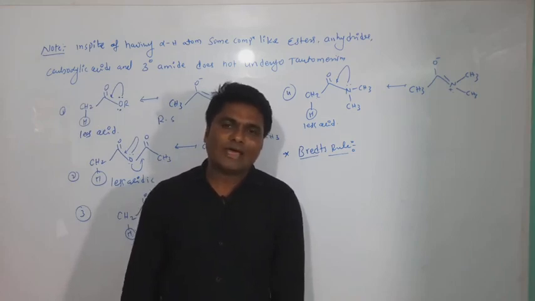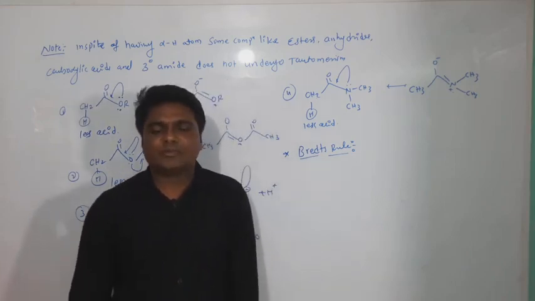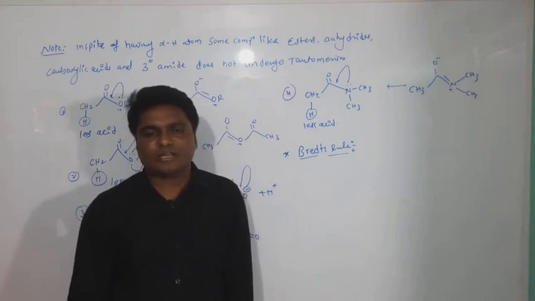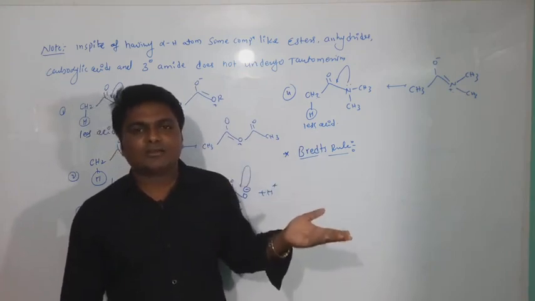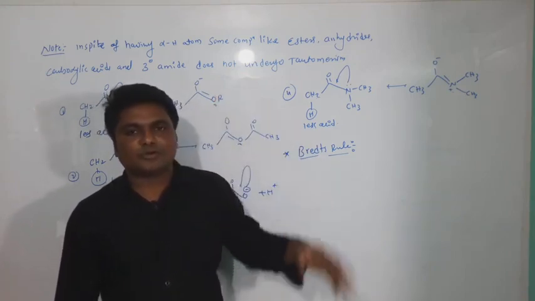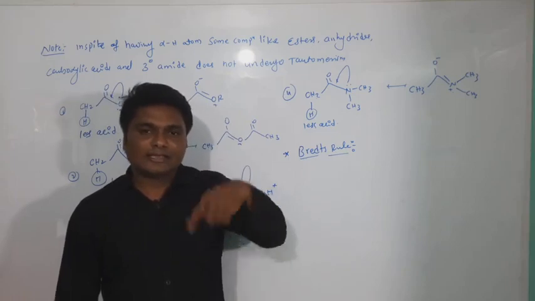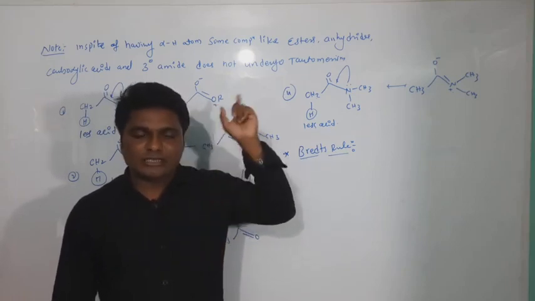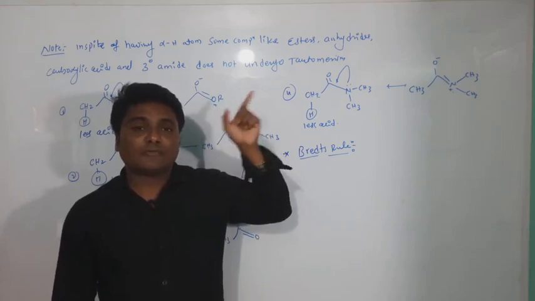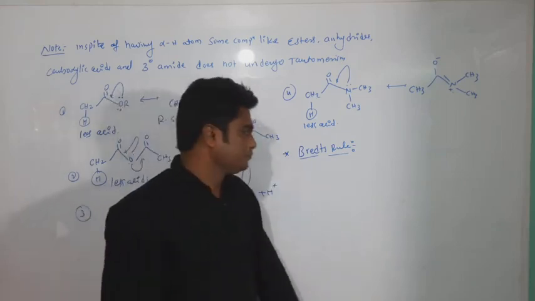Why? Due to the angle strain. Because sp2 hybridization is not possible at a bridgehead carbon atom, a planar structure is not possible. And this detailed concept we will discuss in tautomerism also, the percentage of phenol we will discuss. And I explained this Bredt's rule in GOC. If you have any doubt, then see that video. In the inductive effect, I explained Bredt's rule.